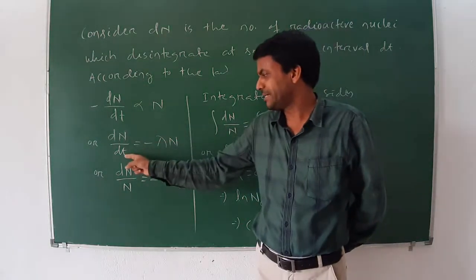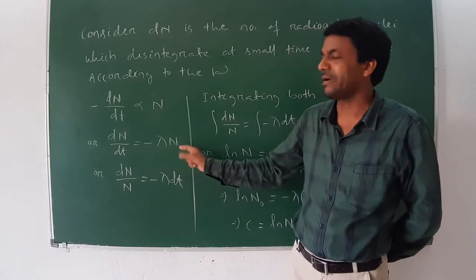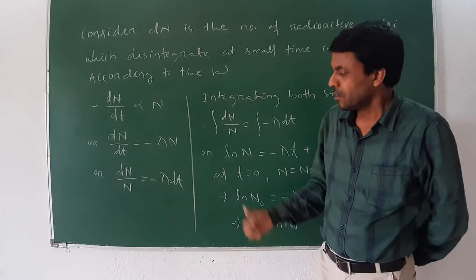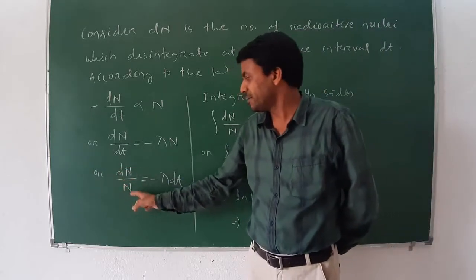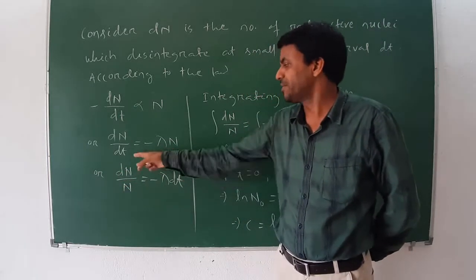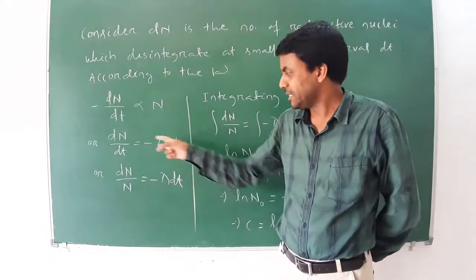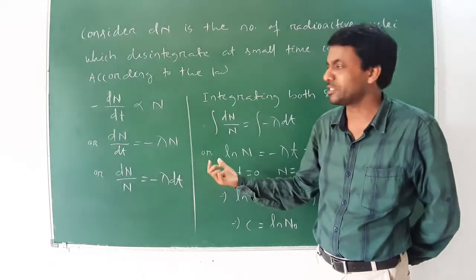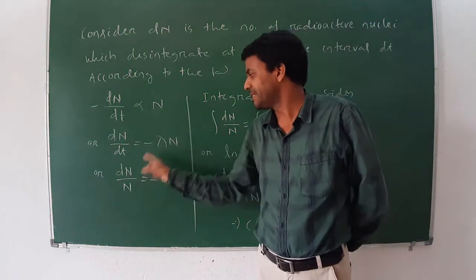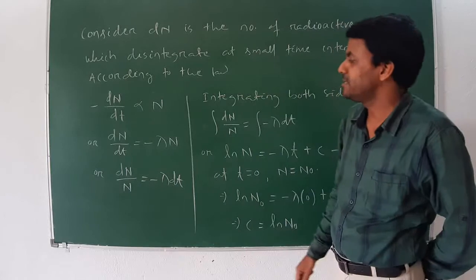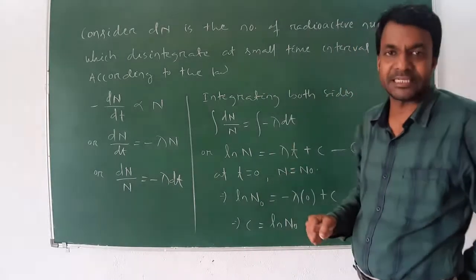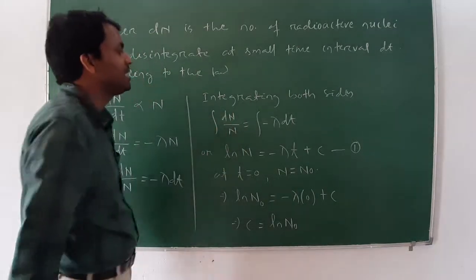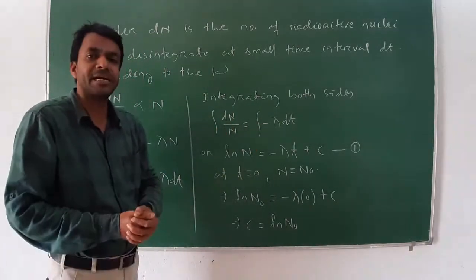So dN by dt is equal to minus lambda N, or dN by N is equal to minus lambda dt. Here on one side there is N, and on the other side all other variables are constants. Now integrating both sides, we get the integration of dN by N equal to the integration of minus lambda dt.